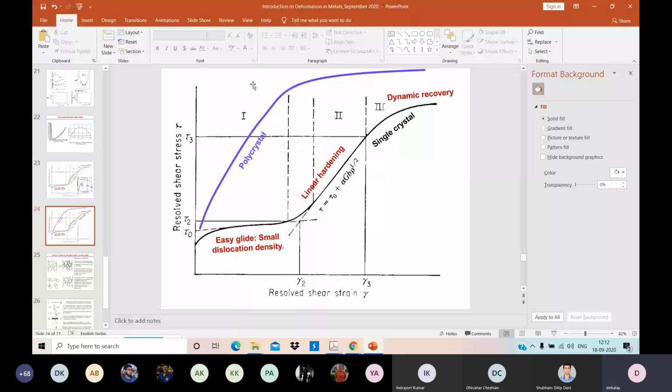But if it is a polycrystal, you need 100 dislocations to be there. So dislocation density in a polycrystal is always higher than that of a single crystal. This is the question I have asked in the last class. Why is that?